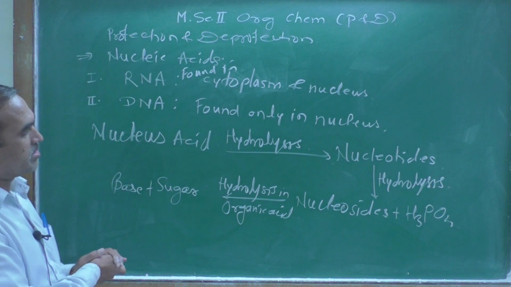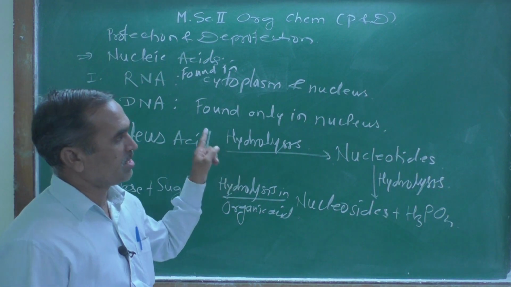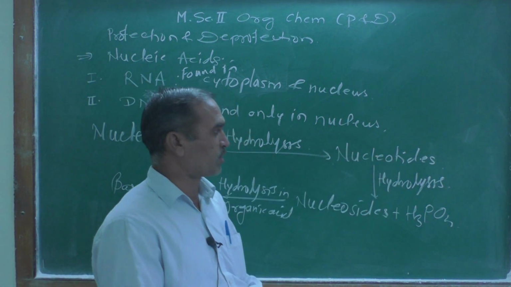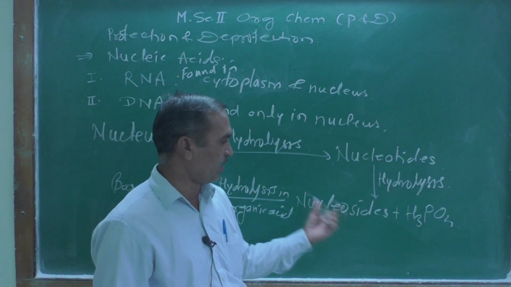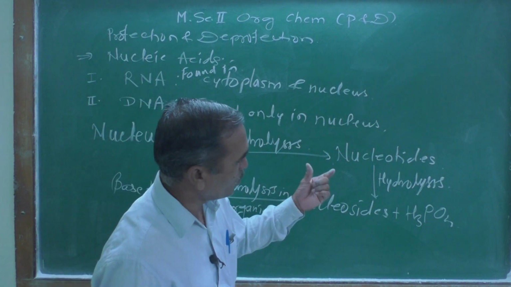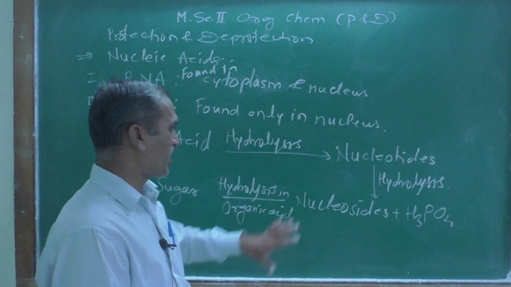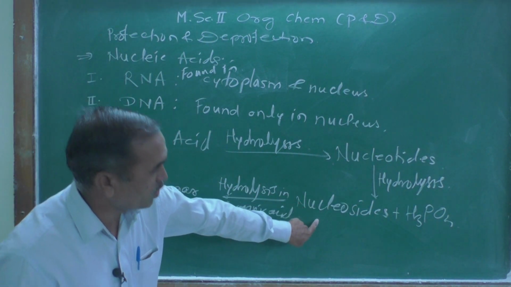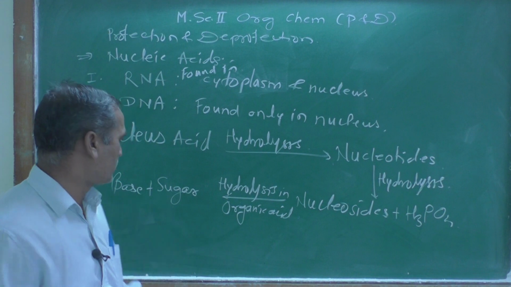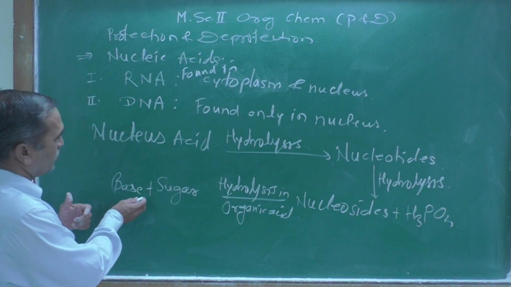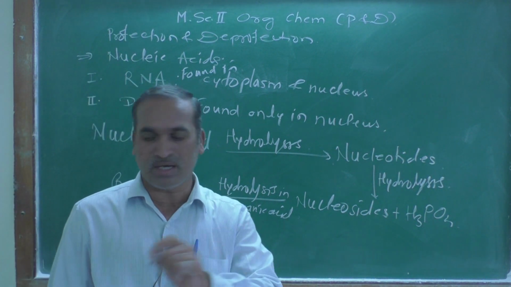When nucleic acid is hydrolyzed, it is converted into nucleotides, and the nucleotides are further hydrolyzed to obtain nucleosides and phosphoric acid, H3PO4. The nucleosides further hydrolyze in organic acids, and we get two components: one is a base and the second is a sugar.